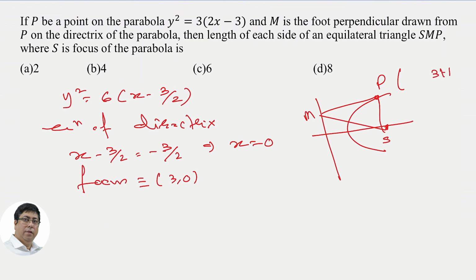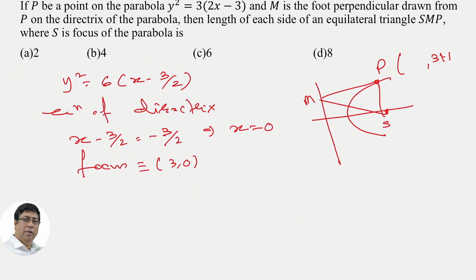If we take y equal to 3t, x will be, just put y equal to 3t. So y square equal to 3 into 2x minus 3. So if we put y equal to 3t, x is coming 3 by 2 plus 3 by 2 t square. Therefore we can write 3 by 2 plus 3 by 2 t square.